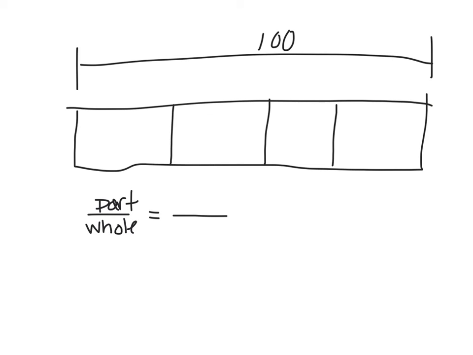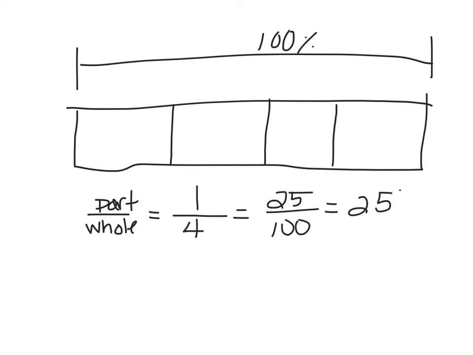Our whole consists of 4 parts. For one part, it would be 1/4. So I bet you know 1/4 of 100. Think about quarters. Remember, there are 4 quarters in a dollar. So each quarter is worth 25 out of 100. Or that would be 25%, or 0.25.